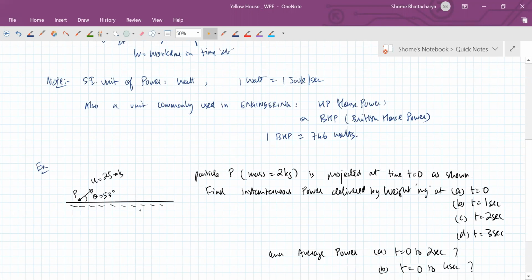Okay. Try this out. Take the value of g as 10 meters per second square. So just try out this question.